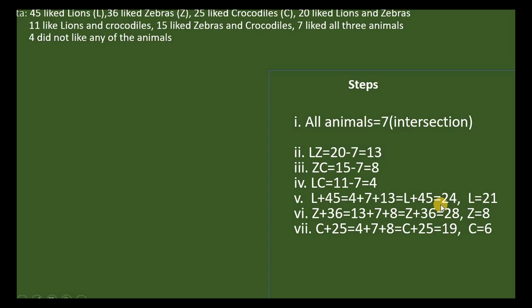We now subtract 45 minus 24, and then we find 21. Alright? So that is the number of those who watched lions only. And you also do the same with the rest of the questions. And this information will help us to illustrate the information in the Venn diagram.